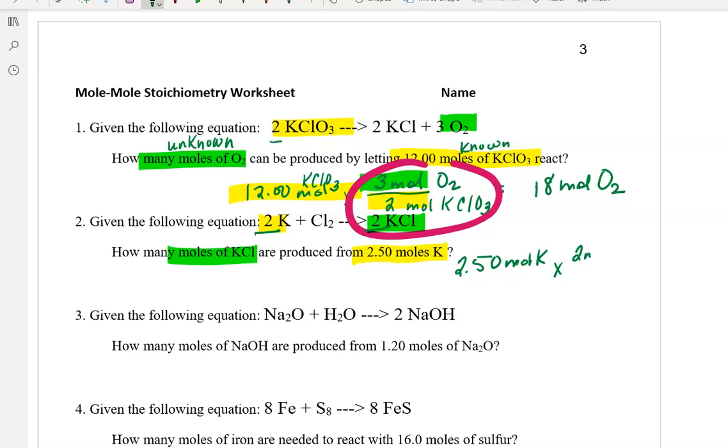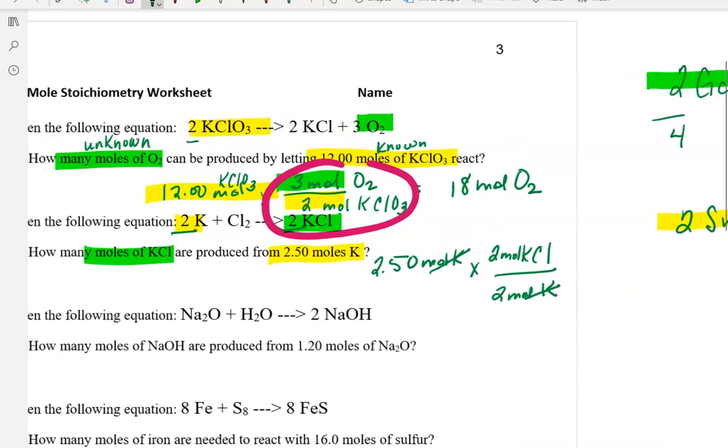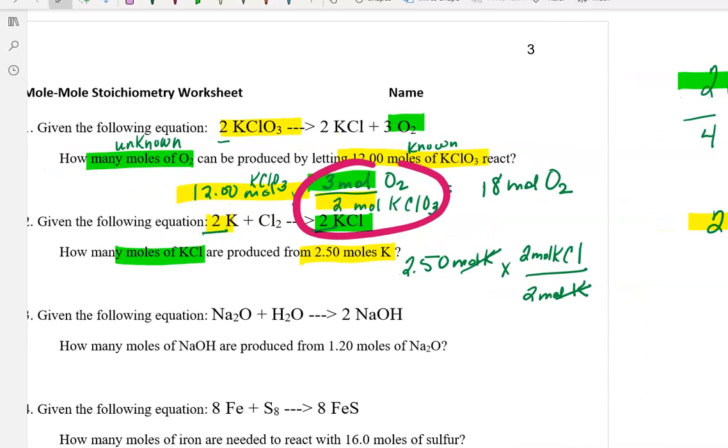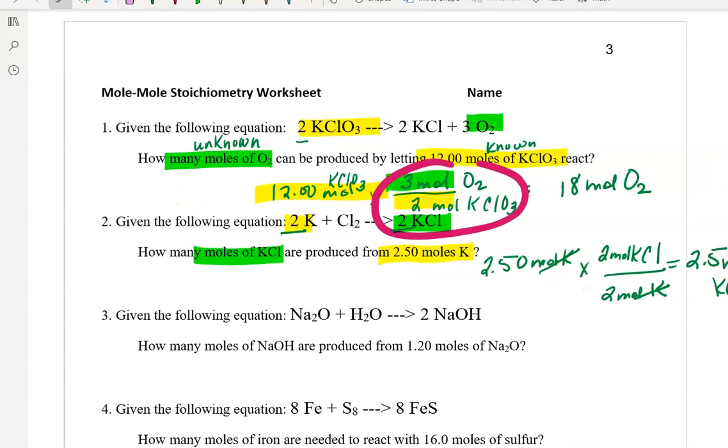So we'll put 2 moles KCl on top and 2 moles of K on the bottom. Now moles cancels, and we'll have an answer in moles of potassium chloride. 2.5 times 2 divided by 2 equals 2.5 moles of KCl produced.